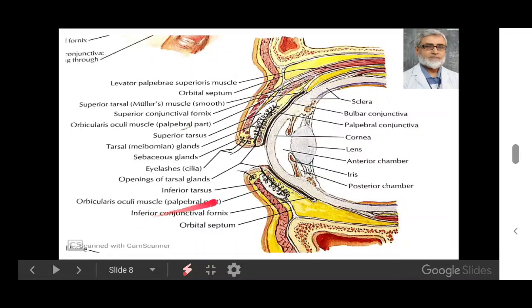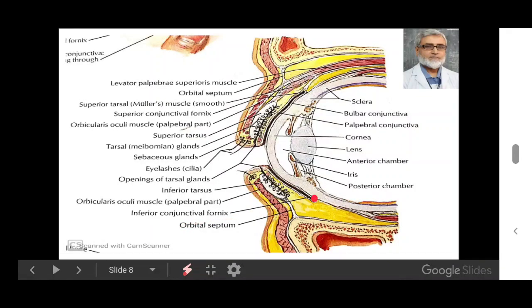And orbicularis oculi muscle, palpebral part in the lower eyelid. Inferior conjunctival fornix here, superior fornix is here. And orbital septum, just we see the orbital septum.